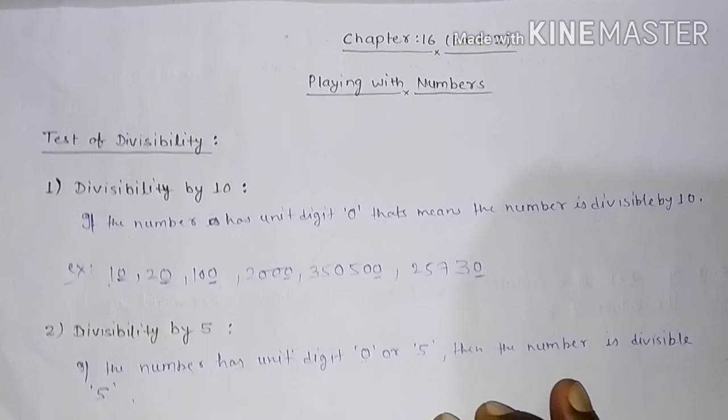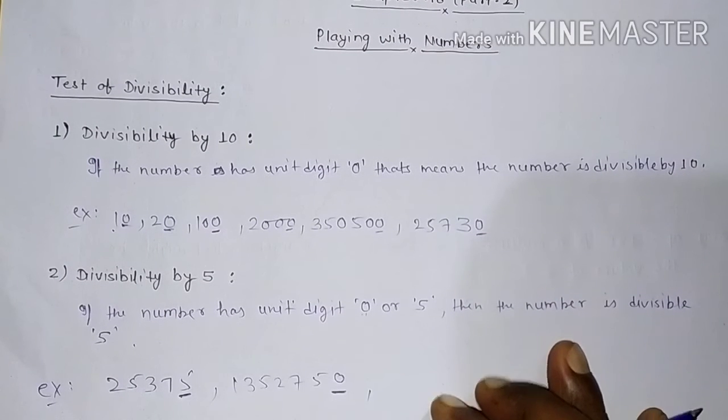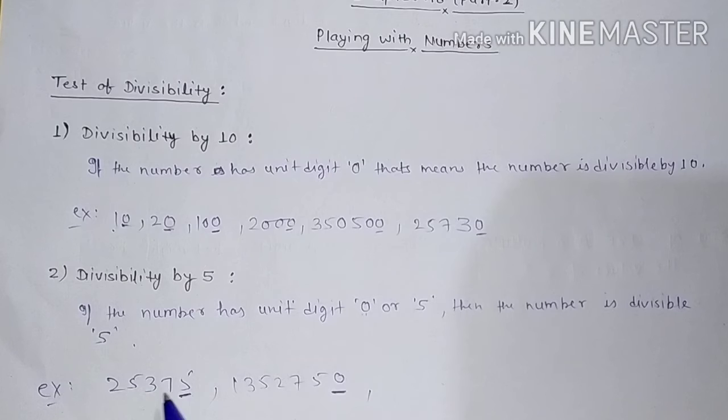Another example is 25375, unit digit is 5, and 135250, unit digit is 0. Let's take other examples. Let's suppose 12345. The unit digit is 5, so this number is divisible by 5.